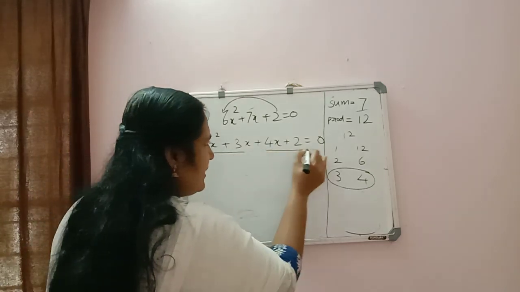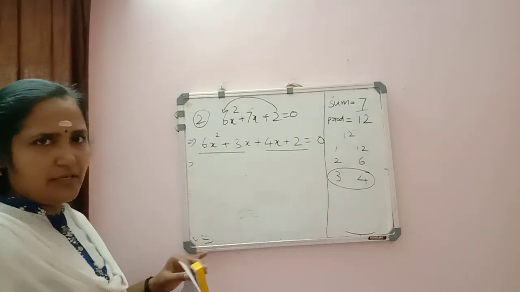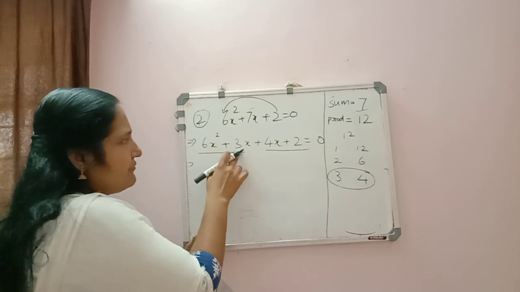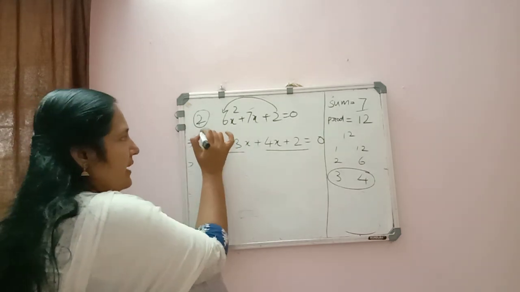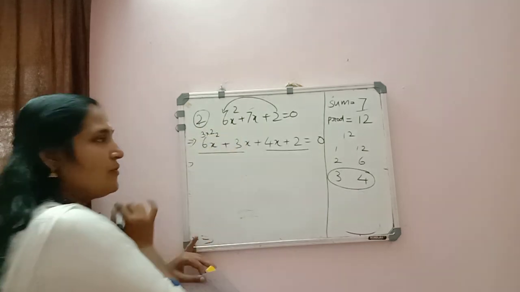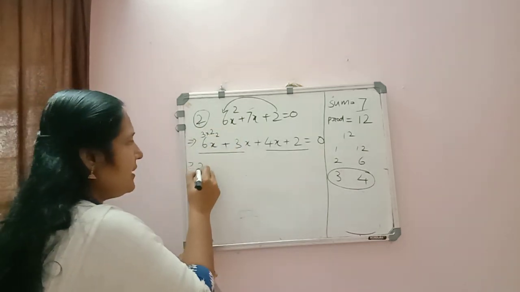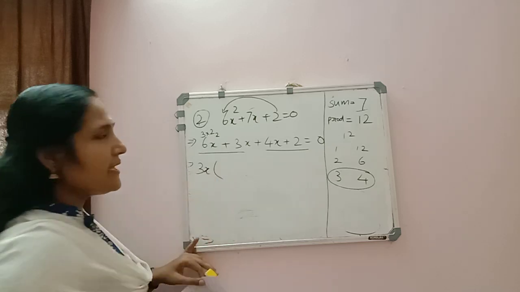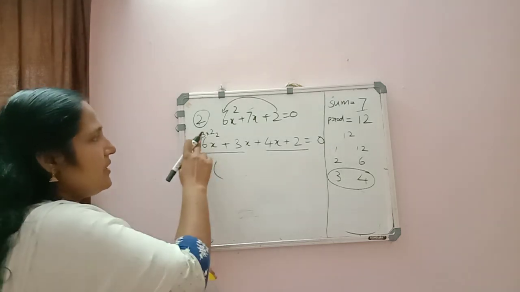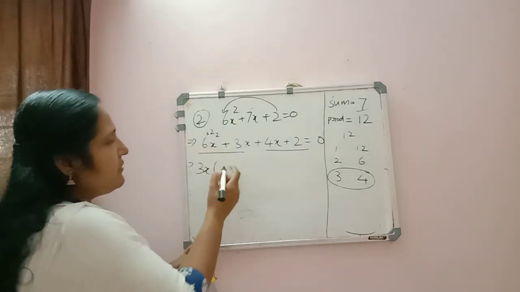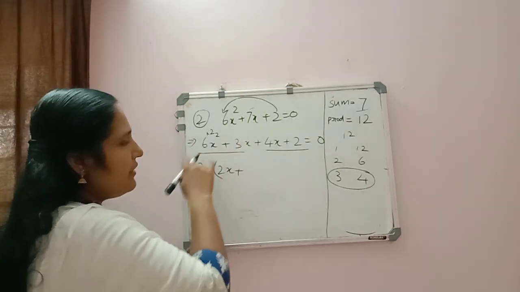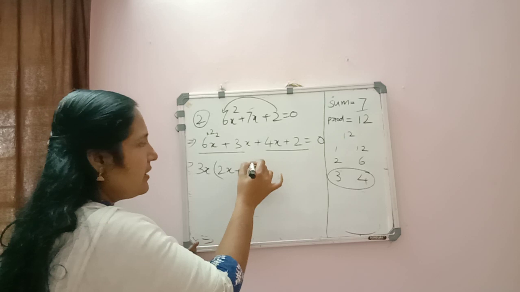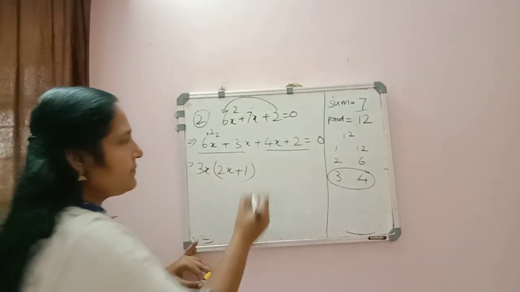Again, we will check if any common factor is there in these two terms. Here we have 3x, and here we have 6. 6 can be written as 3 into 2. So we have 3x common in the first two terms. 3x taken outside, so here we took 3 common, so remaining it will be 2x plus, from here we took 3x common, so remaining is 1.